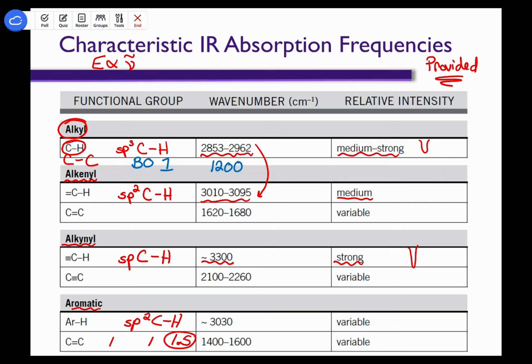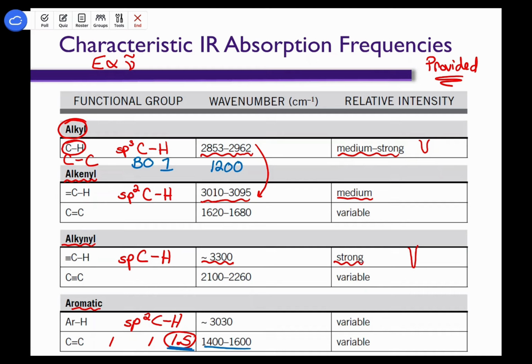Well, now let's go up to our aromatic group. So we're down at the bottom of the table now. It says a carbon-carbon double bond in your table, but we know it's really a bond order of 1.5 because aromatic is when we have that double single pattern. And we can see it absorbs light in the 1400 to 1600 wave number region.